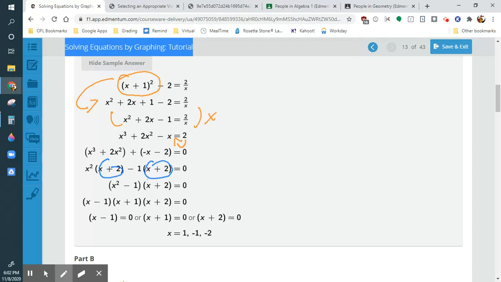So they're going to factor out that x plus 2, and then they're left with this x squared and negative 1, which is this x squared and negative 1 right here. And here, they're using difference of squares, which causes this to happen.